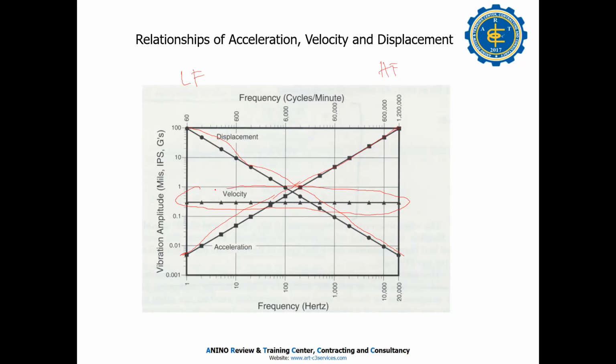In your equipment, your G's, is it velocity? No, G's you use for acceleration. G's is acceleration and millimeter per second is velocity.